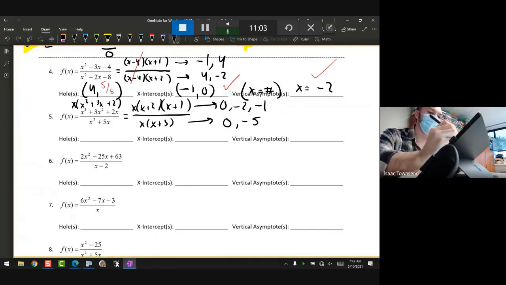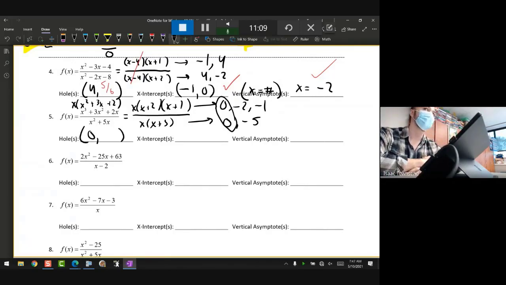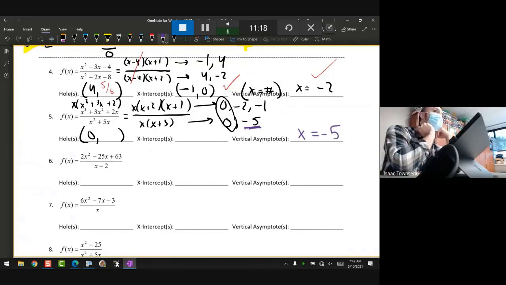If there's any numbers that make the numerator and denominator 0 at the same time, that's the x value of a hole. If there's any numbers that make just the denominator 0, those are vertical asymptotes. So that's going to be a vertical spike in the graph. And if there's any numbers that make just the numerator 0, then those show up as x-intercepts.